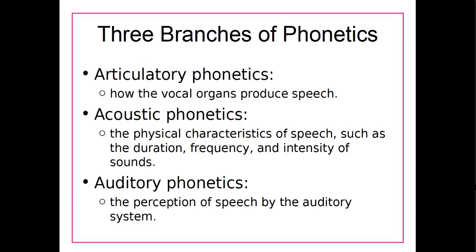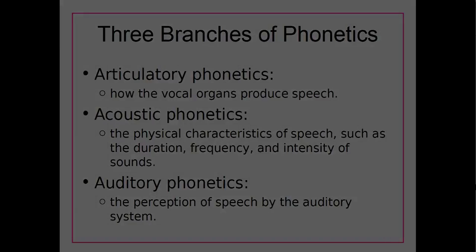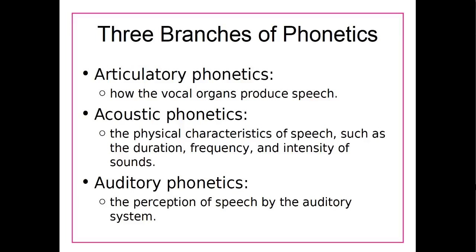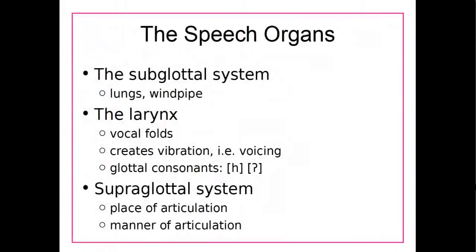That's when we look at how we actually perceive sounds that are produced by other people or by ourselves. For this 101 class, we will mostly be looking at articulatory phonetics and not as much at acoustic phonetics or auditory phonetics.